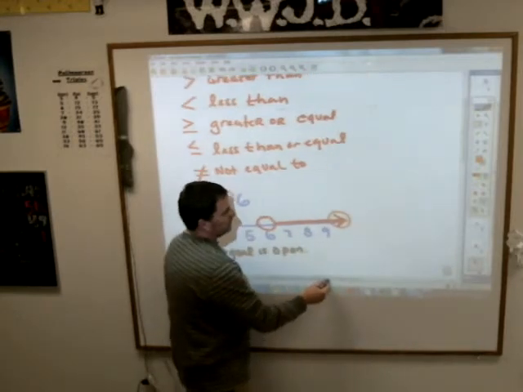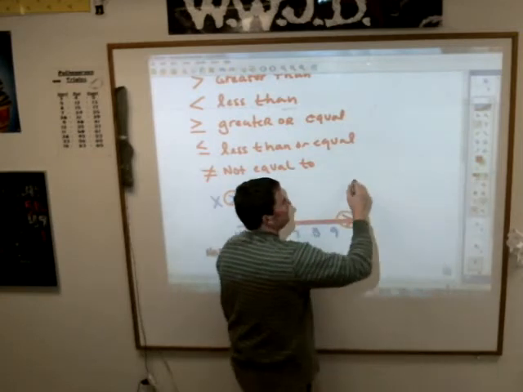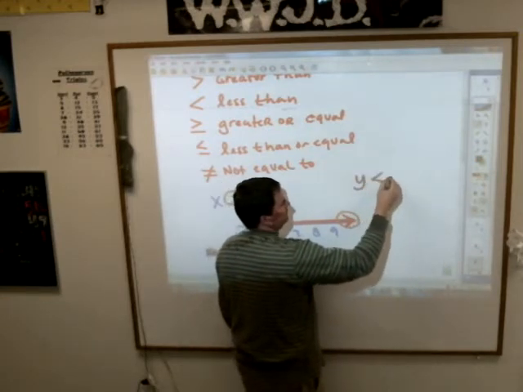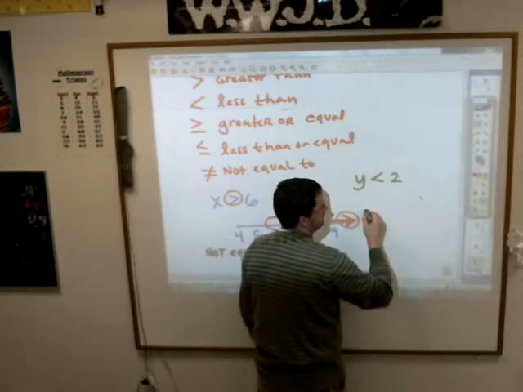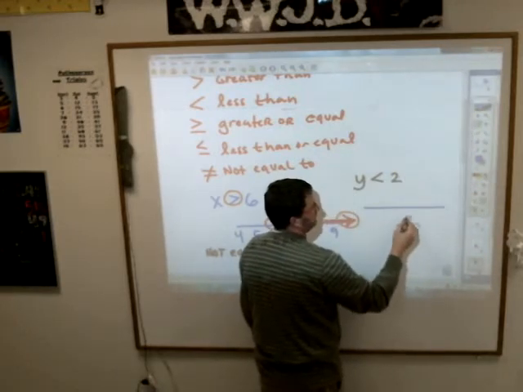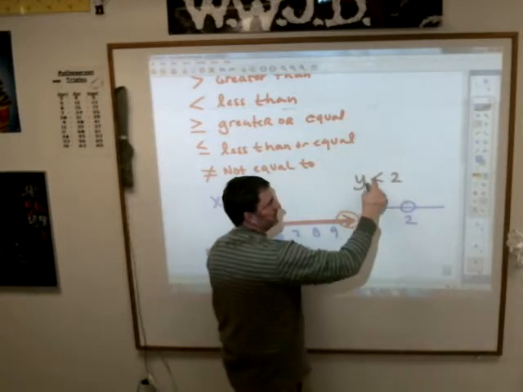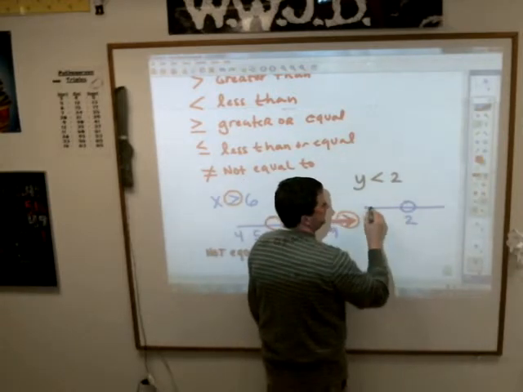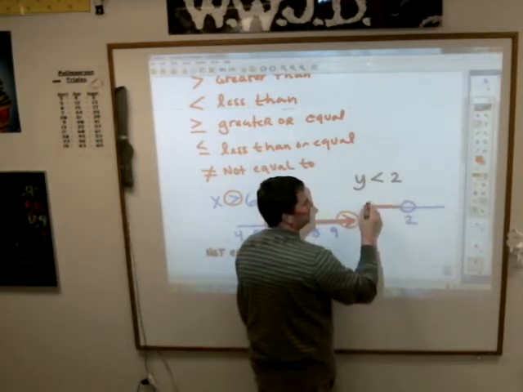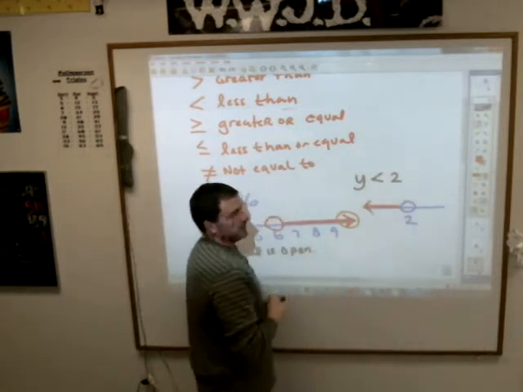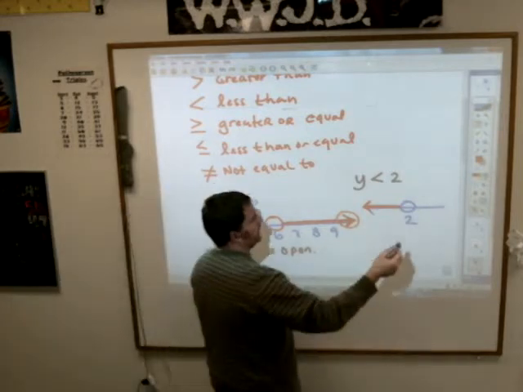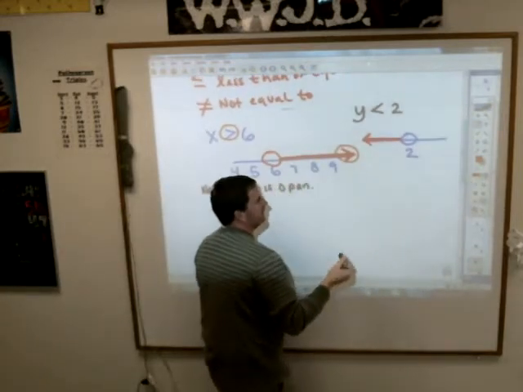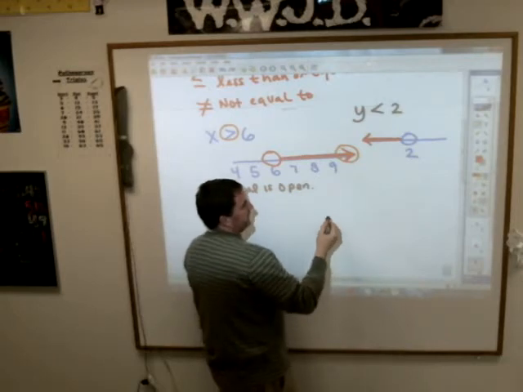In the same way, if you have a problem that says y is less than 2, when you graph that out, here at 2, again, it's an open circle, and it goes in this direction because it's the numbers that are less than 2, and the less than sign is the same looking shape as the arrow there. Isn't that exciting?